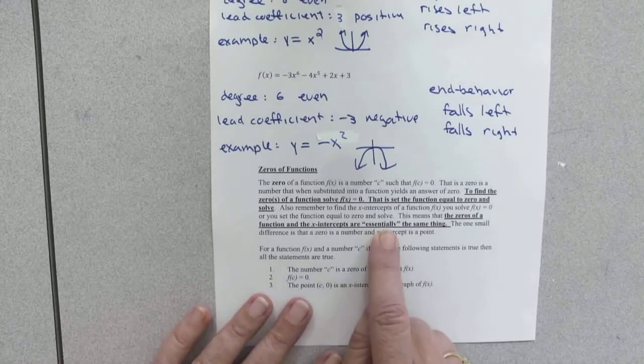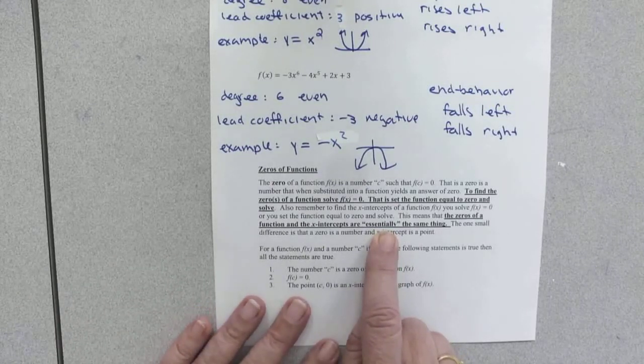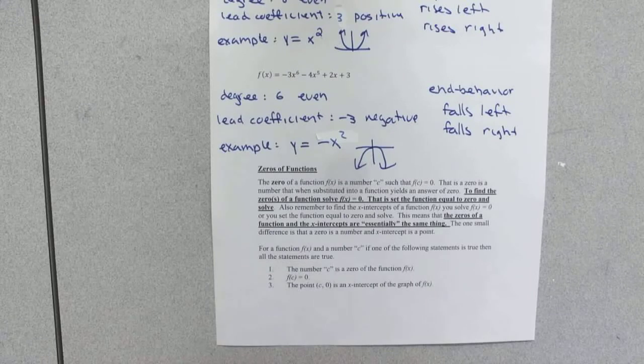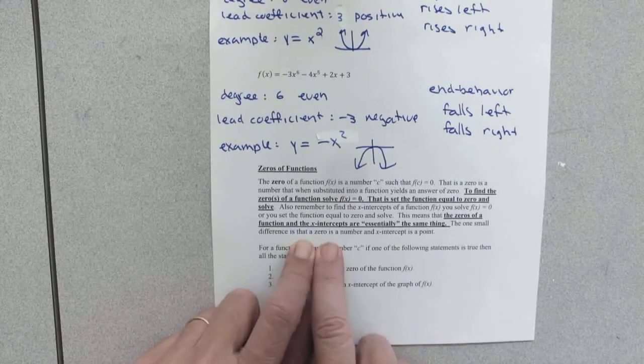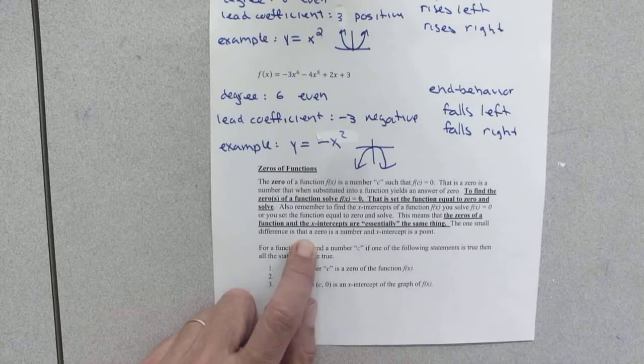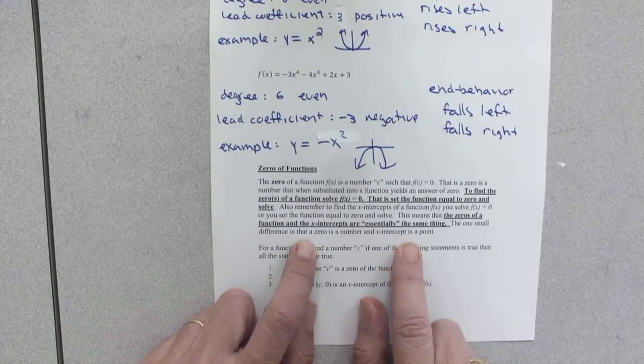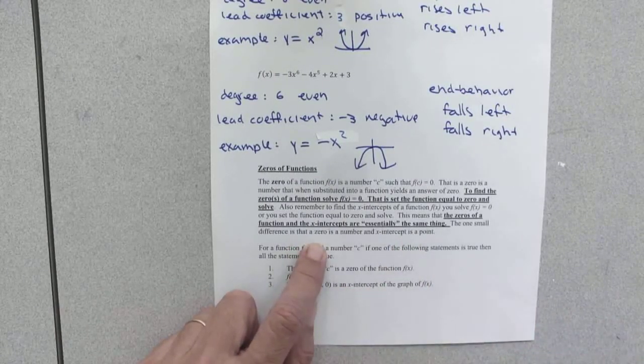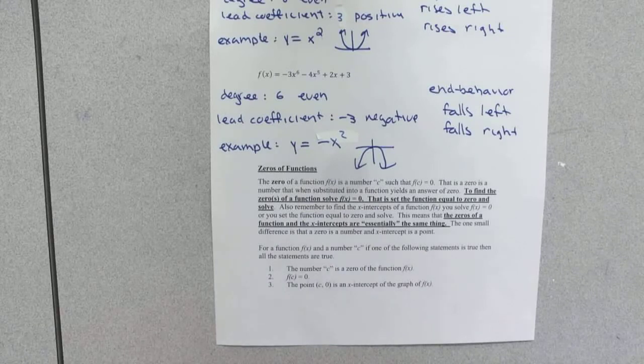Now I have "essentially" in quotation marks. There is one small difference. The one small difference is a 0 is just the number, like 12, maybe it turns out to be. And the x-intercept is the point. So the 0 would be 12, whereas the x-intercept would be the point (12, 0). So there's just a small technicality in the language. The 0 is just the x value.